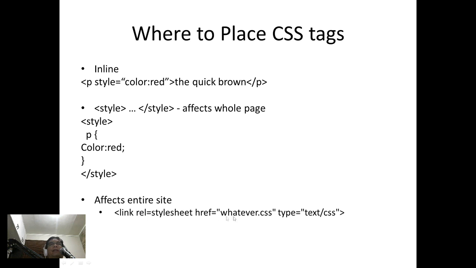And you place this code inside head: link rel equals stylesheet, href equals the file name, then type equals text/css. That's an example of placing the CSS, and it will affect the entire site. Later on, maybe we'll be doing something like this in our next examples.